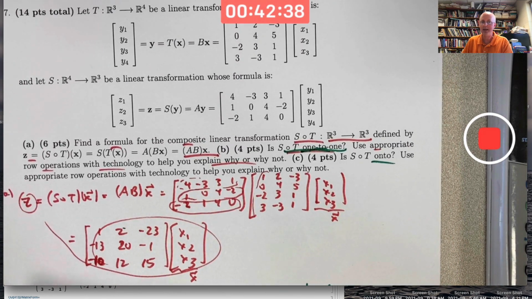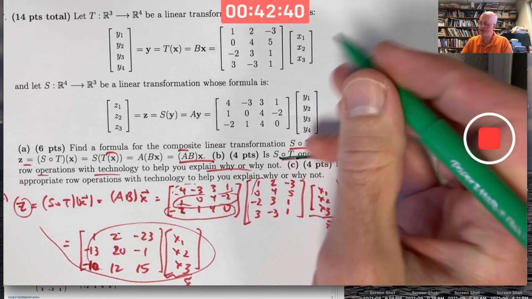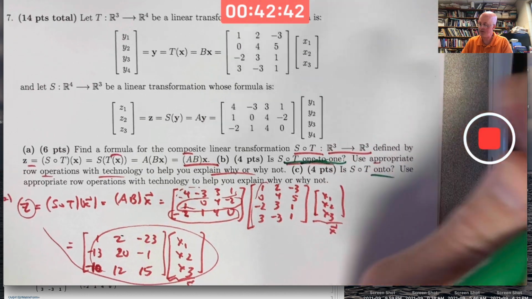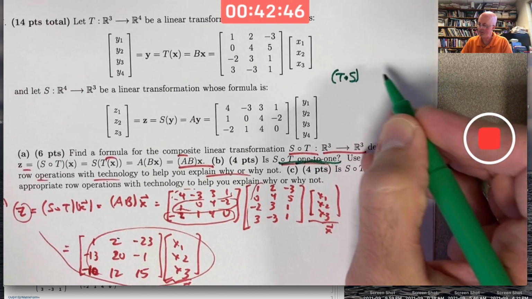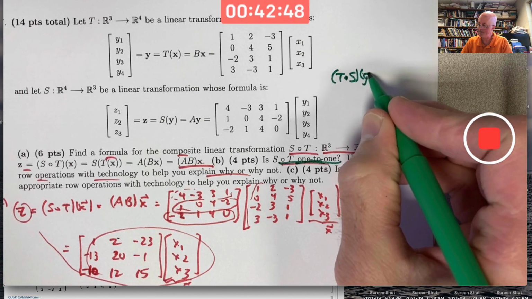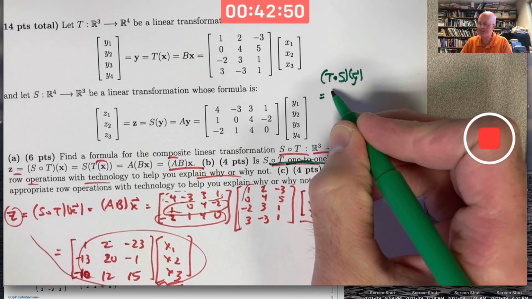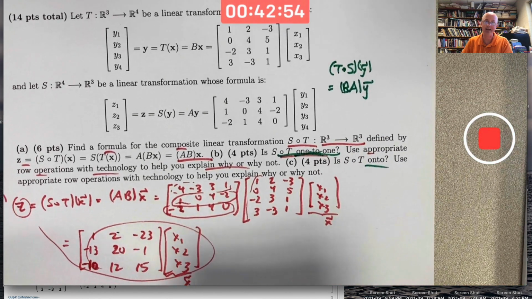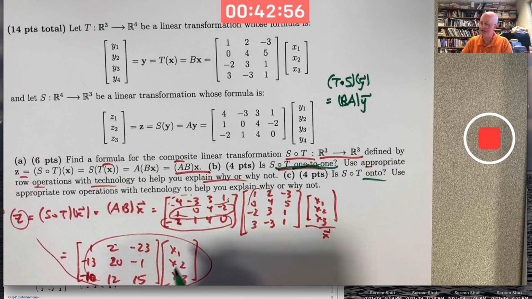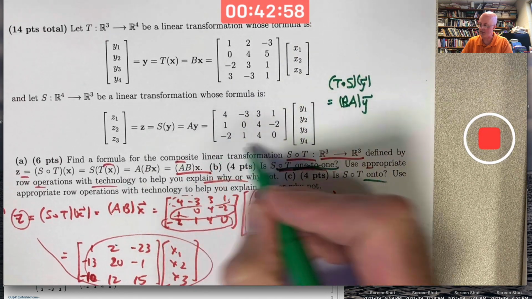By the way, with these particular matrices, you actually could do another linear transformation that is T compose S of Y, say, and could be computed as B times A times Y. And it is possible to compute B times A. B is 4 by 3, A is 3 by 4.